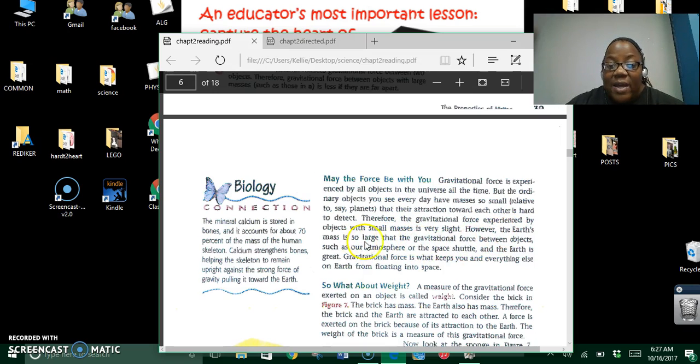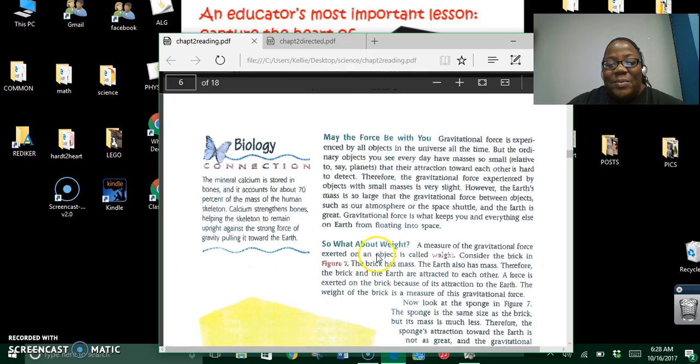However, the Earth's mass is so large that the gravitational force between objects, such as our atmosphere or the space shuttle and the Earth, is great. Gravitational force is what keeps you and everything else on Earth from floating into space. So our gravitational force, or weight, is what keeps us from floating into space.